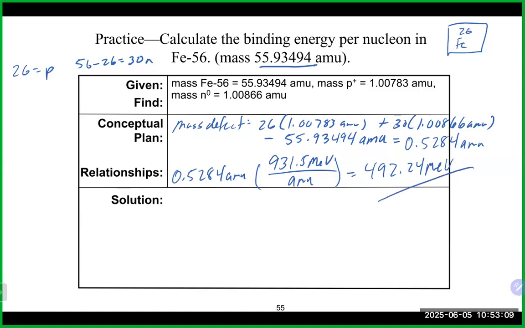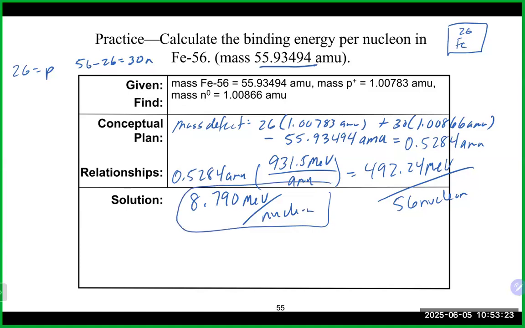Again, going to divide it by 56 in this case, which would be our number of nucleons, which is our protons and neutrons. And that's going to give us 8.79 mega electron volts per nucleon. You obviously could convert it into joules per nucleon if you wanted to at this point. Question on binding energy here.